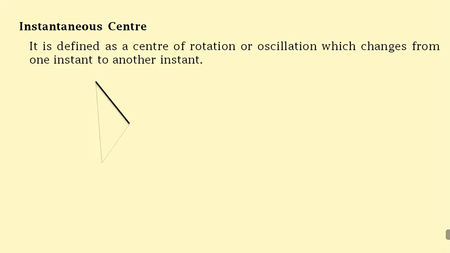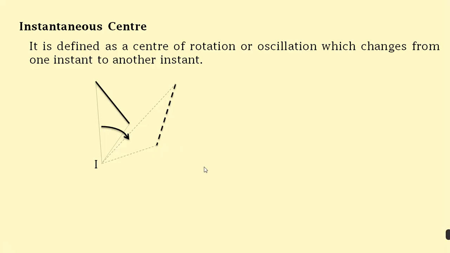Here I'm taking a link, and to this link I have taken a center. I'm assuming that with respect to this center, this link is going to rotate. So I would like to give the center the name I, and I am showing the rotation direction. When it rotates through a particular angle with respect to the center I, I'm assuming the position has been changed to this one.